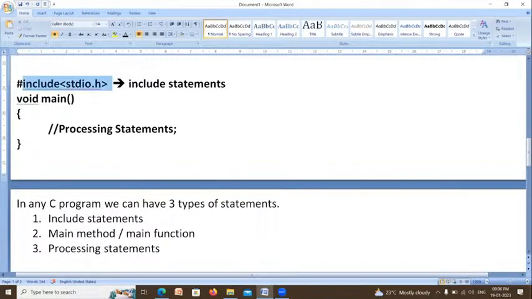So what is the meaning of this one? You are copying the data inside stdio.h into your program. That is the meaning of this. After copying the code of stdio.h into your program, then you can use the code and you can build your applications very easily.